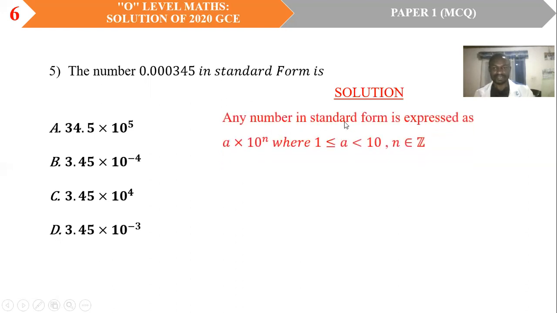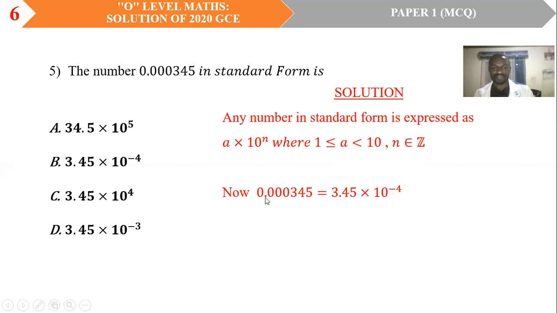Any number in standard form is expressed as a times 10 to the power n, where a lies between 1 and 10, n being an integer. Now, 0.000345 is equal to, we need to find the value a.